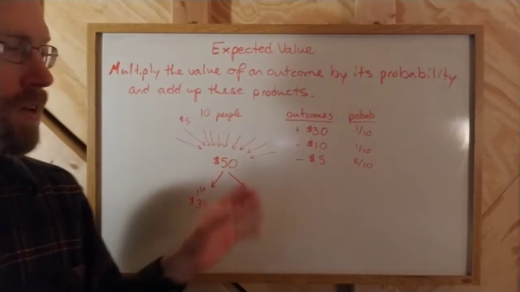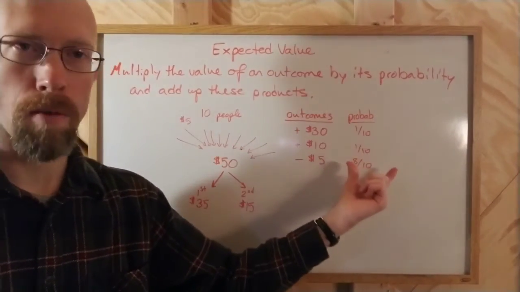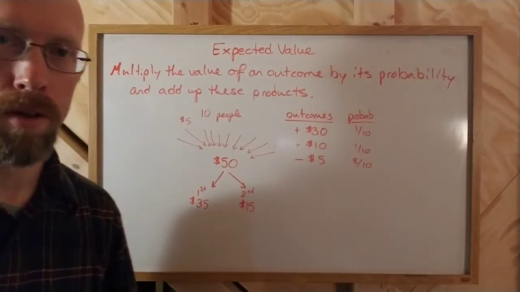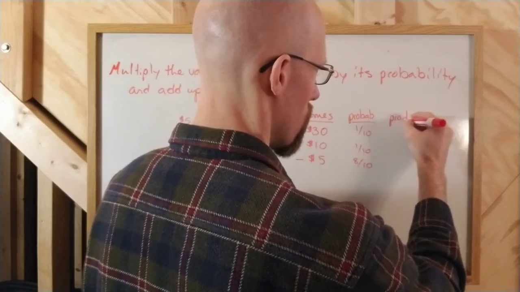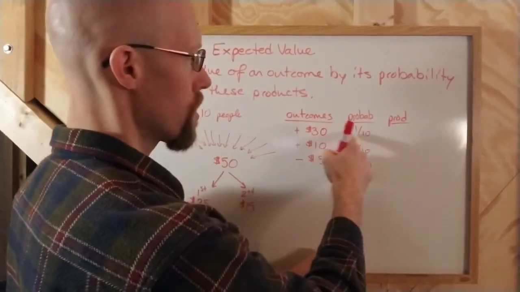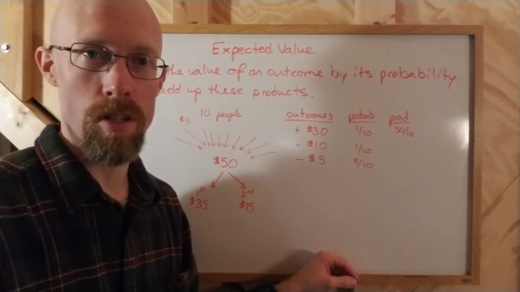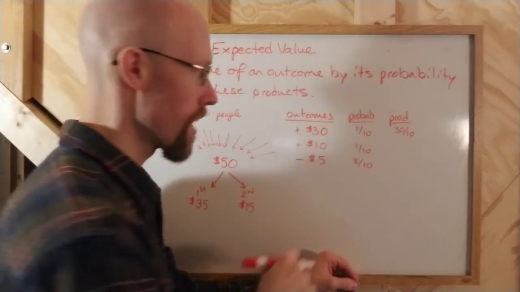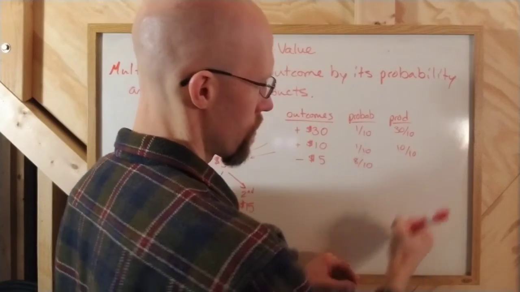And so here we can figure out the expected value again by multiplying the corresponding outcome with its probability, and then adding those products together. All right, so the product, 30 times 1/10 is 30 tenths. Again, I'm not going to reduce the fractions temporarily here, and then we'll reduce it in the end. 10 times 1/10 is 10 tenths.